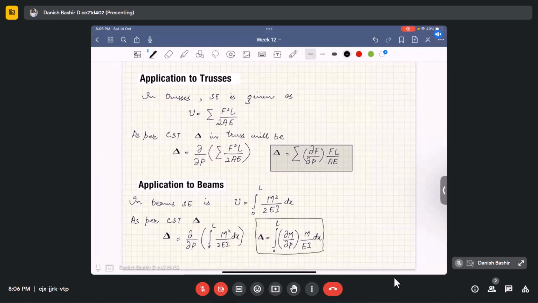So that was deflection. If you need to compute the rotation, then theta will be given by taking the partial derivative with respect to the applied couple.